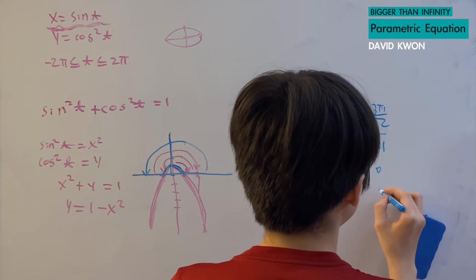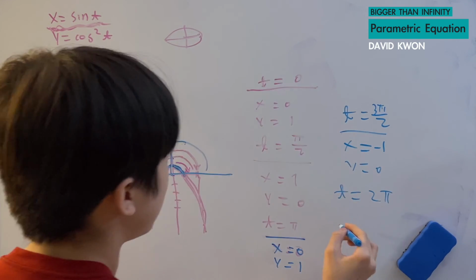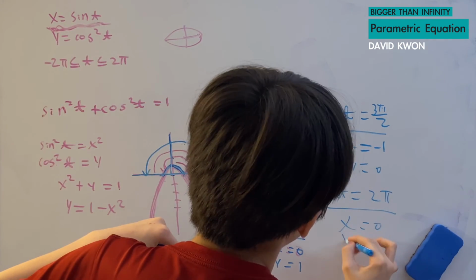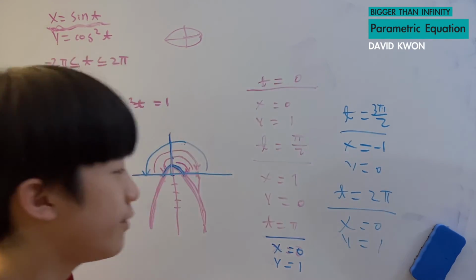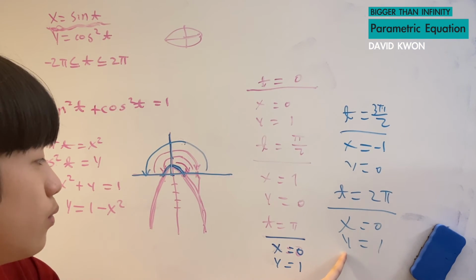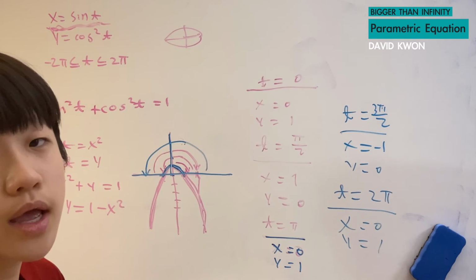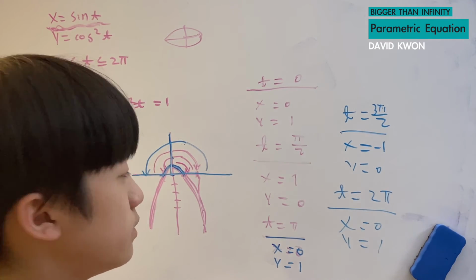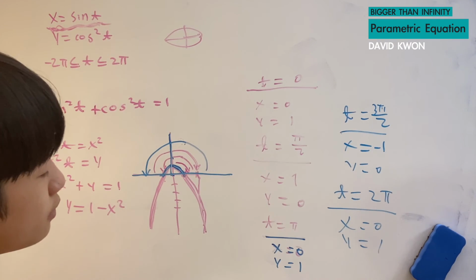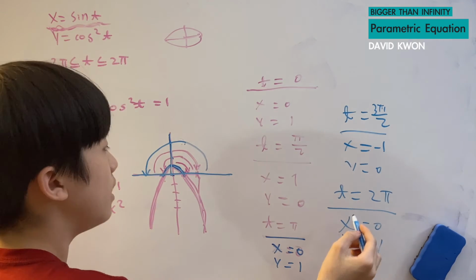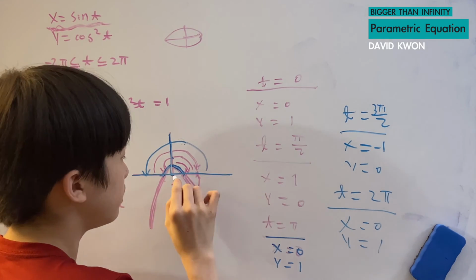When t is equal to 2 pi, very easy. Put it in there. We get x is equal to 0, and then y is equal to 1. We already got that.